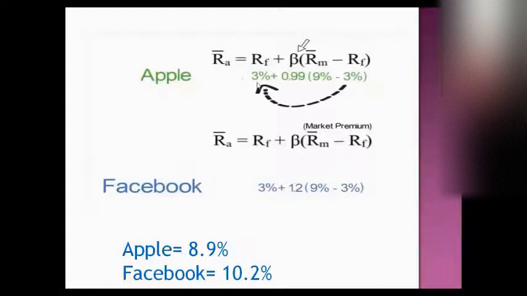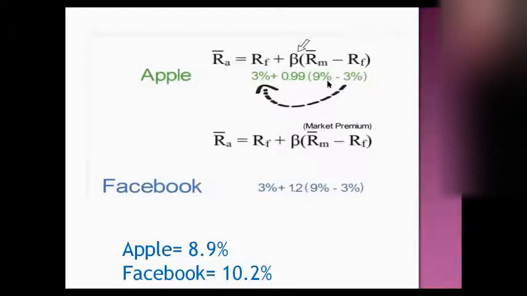So 3% is equivalent to 0.03. So 9 minus 3 equals 6% or 0.06. So compute it: 0.03 plus 0.99 multiplied by 0.06. So you will be getting 8.9%. Okay?